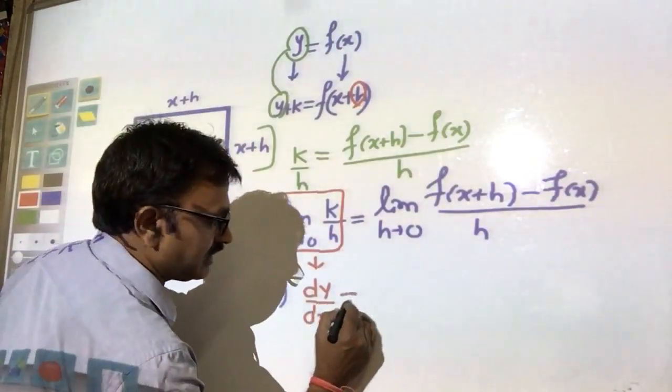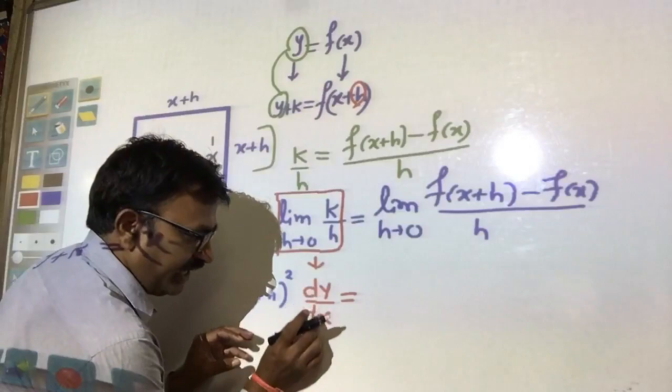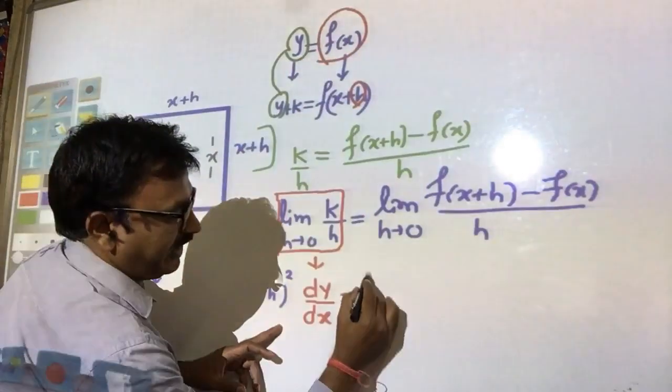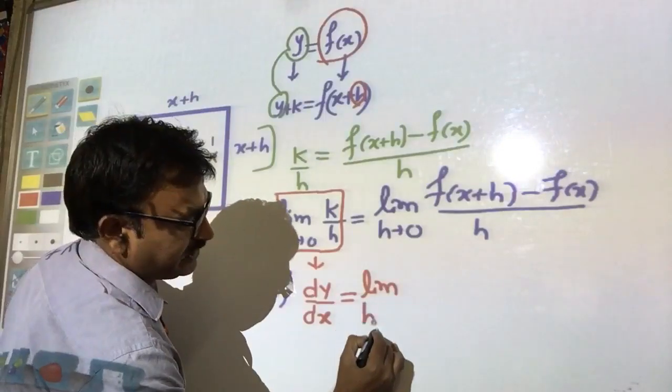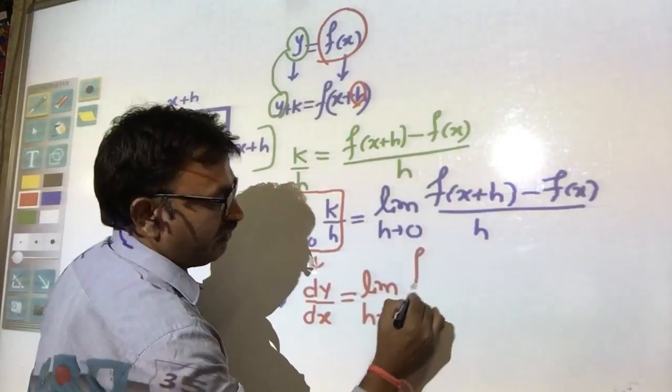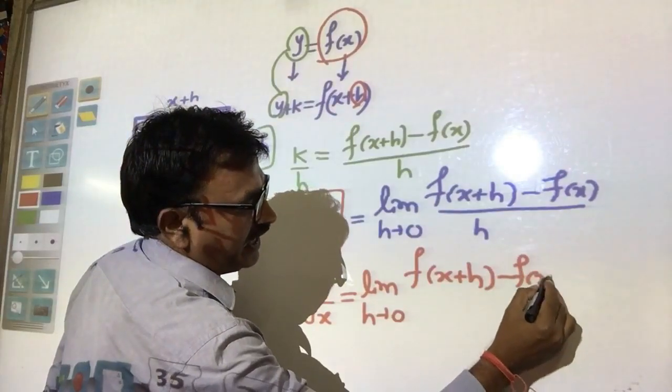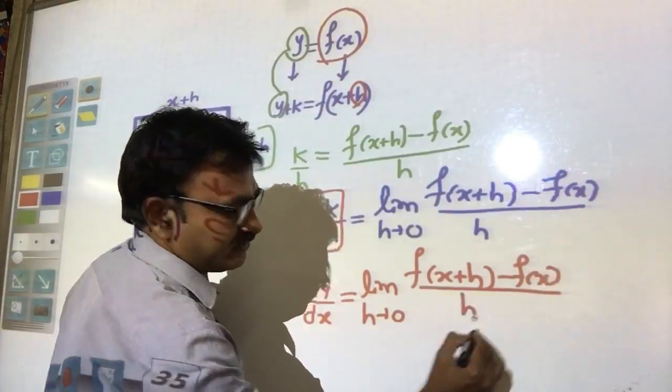And what is the method to find it? y means function f(x), so we find the limit as h tends to 0 of f(x plus h) minus f(x), divided by h.